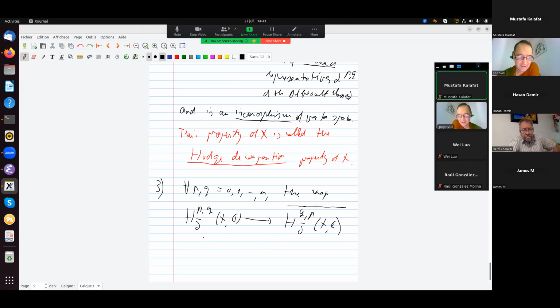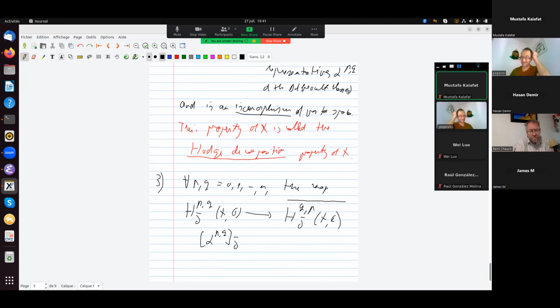Because if we take a class here, represented by an alpha PQ, in general alpha PQ is only D-bar closed. So we'd like to map it to the class of its conjugate, alpha PQ bar. In general, this is not well defined because an arbitrary representative is only D-bar closed.